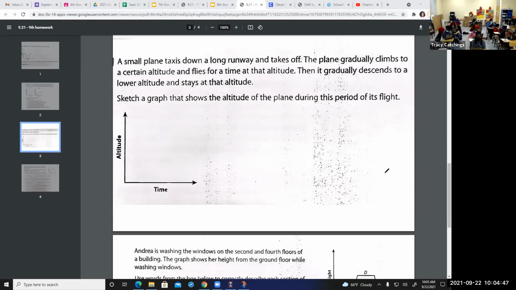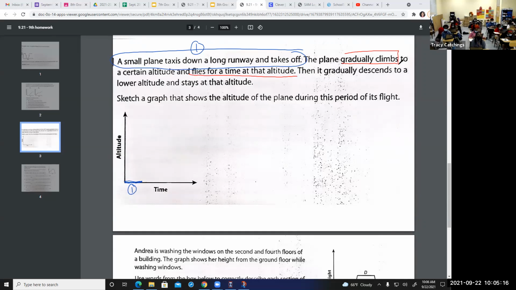Okay? With the small plane taxiing, does that count? Like when you grab it? Okay, so you start a little bit away from the... Well, I'm not gonna say start a little bit away, but I'm gonna say draw a straight line showing us 0. I'm with you. And I'm gonna label that as 1. Okay? I would kind of incline. They said gradually climbs and flies for a certain time at the altitude.